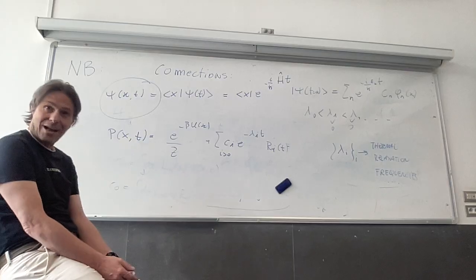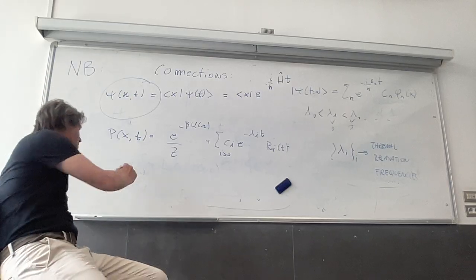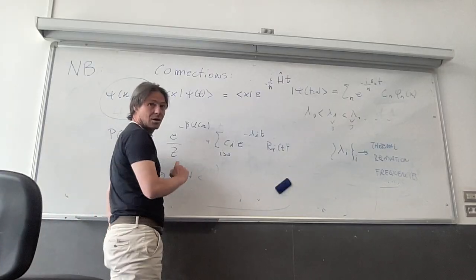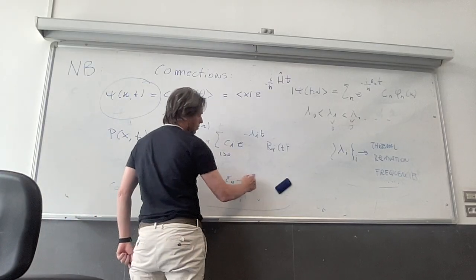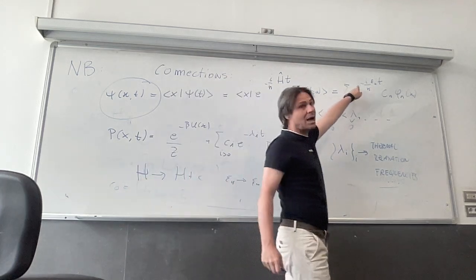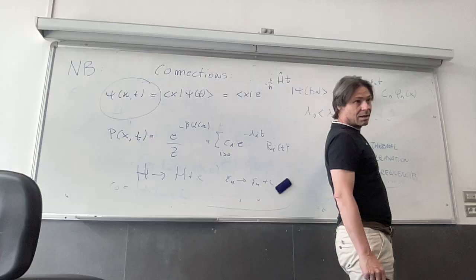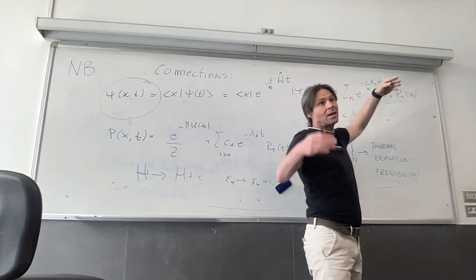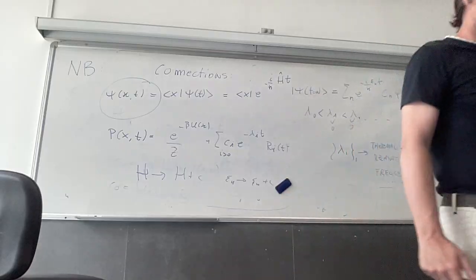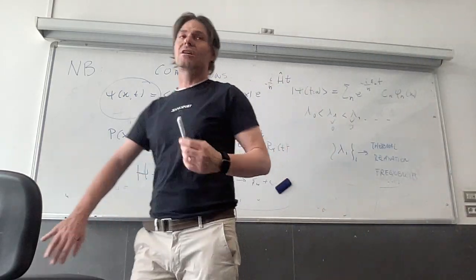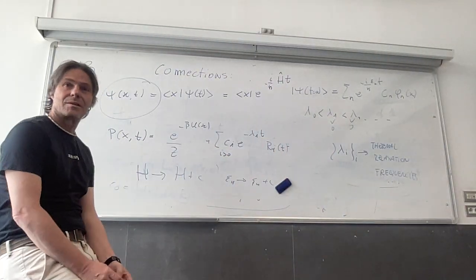So in other words, H going into H plus C, or the energies E_n going to energies plus C, which means that all the phases here pick up an overall phase that multiplies the sum because it's the same for all states. And when you take the modulus square, you don't notice it. But this is the quantum mechanical way to say we cannot define energy in absolute terms, we need a reference term, right?